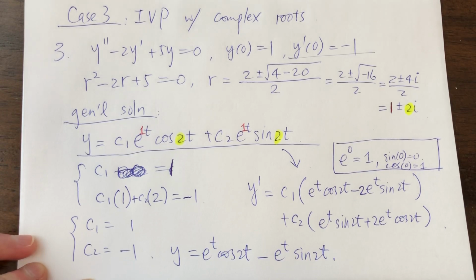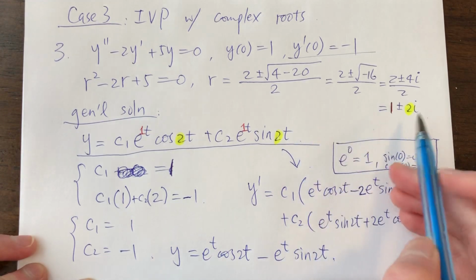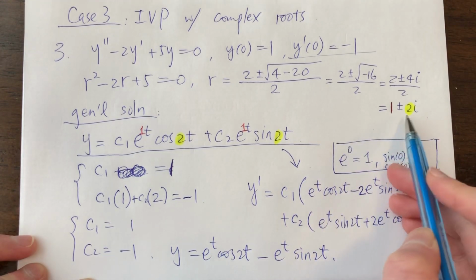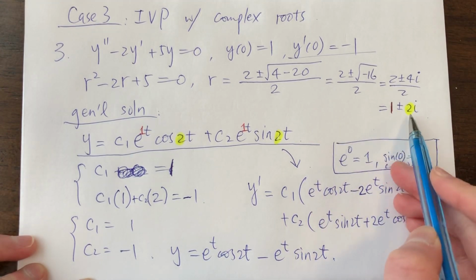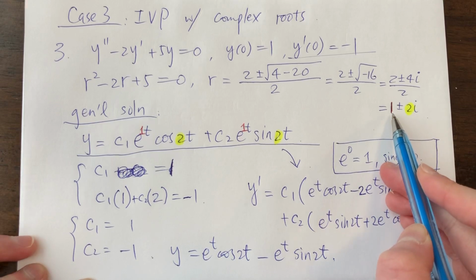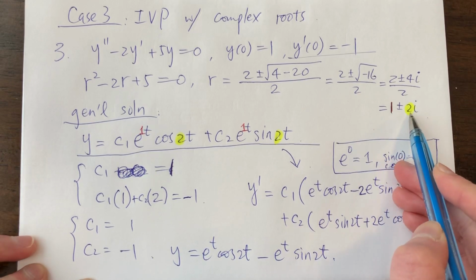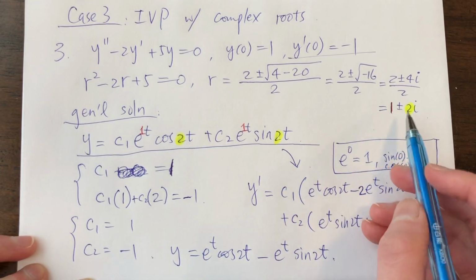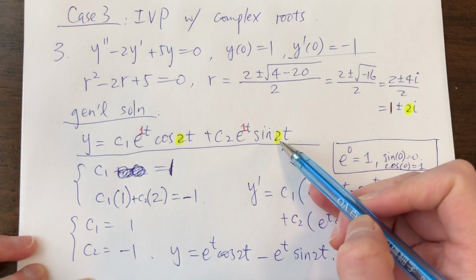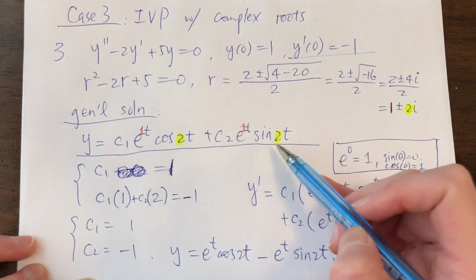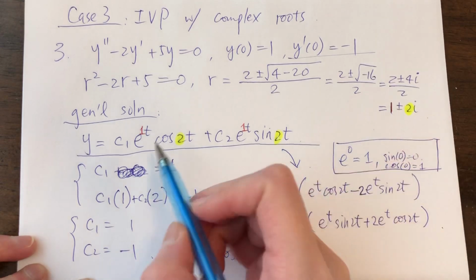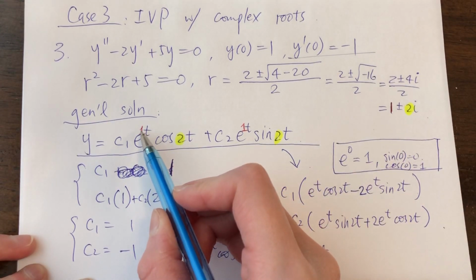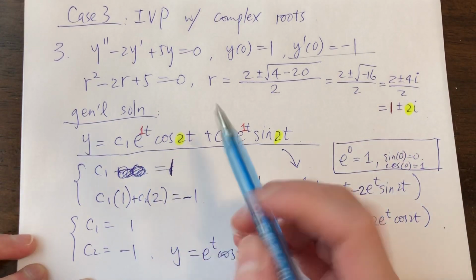Just to recap, I think the most important thing is once you get the two complex roots, the complex conjugates, you separate them into the real part and the imaginary part. For the imaginary part, just use the positive value and put it inside as the coefficient inside cosine and sine. And the real part, 1, goes to the exponent as usual.